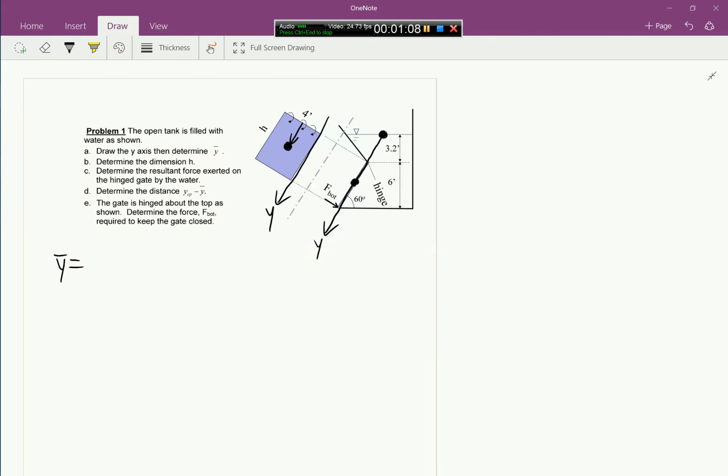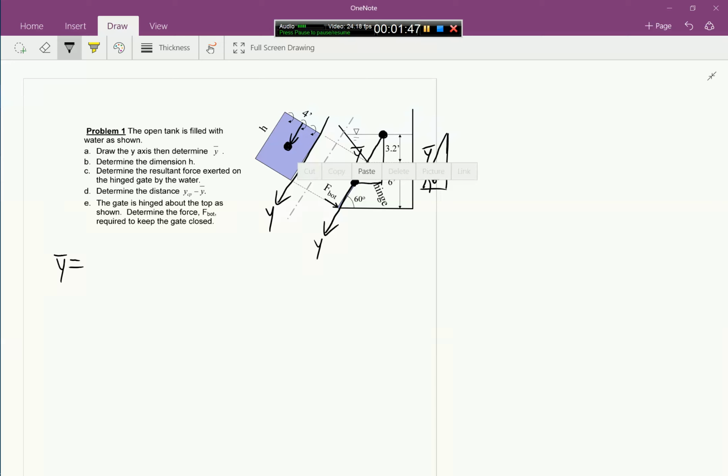So, in order to do this, it's simple geometry. We have this triangle right here with 60 degrees here, and then we are trying to find this distance here, which is y bar, and so that means this would be 3.1 plus half of 6 right here.